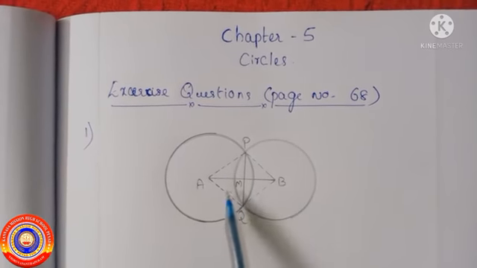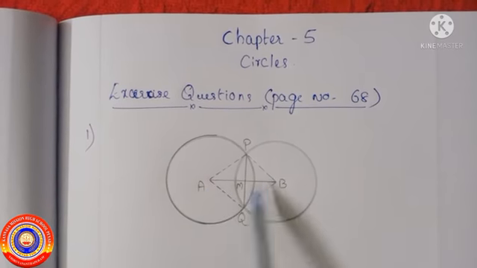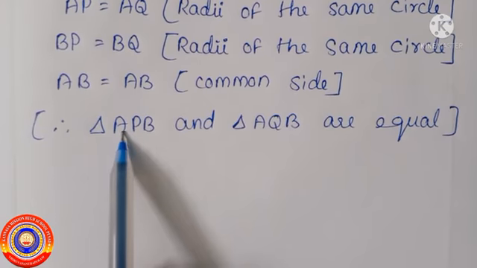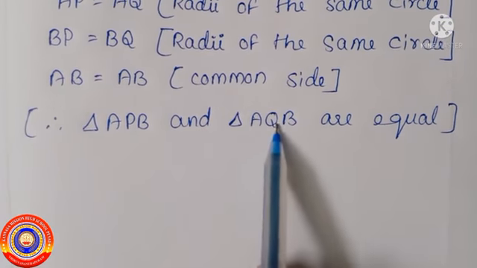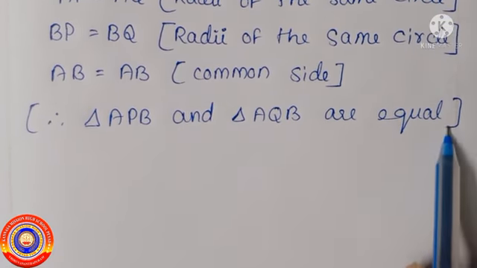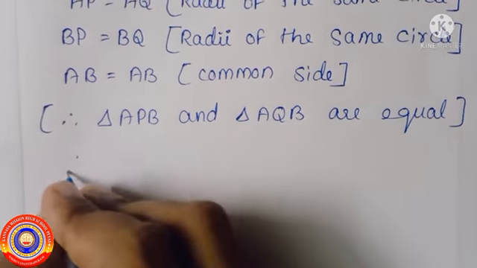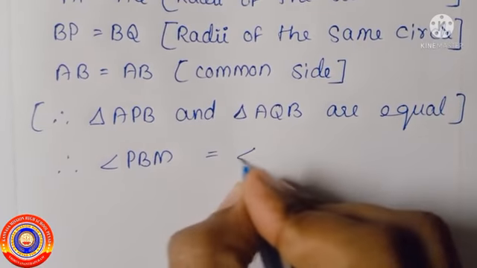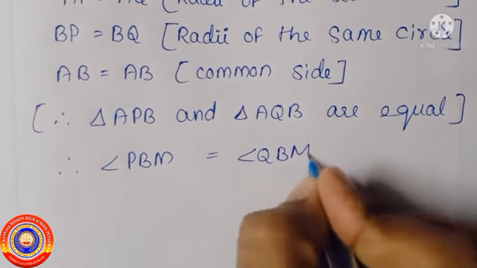And here AB is the common side for both the triangles. Therefore, we can say that triangle APB and triangle AQB are equal. Therefore, angle PBM is equal to angle QBM.